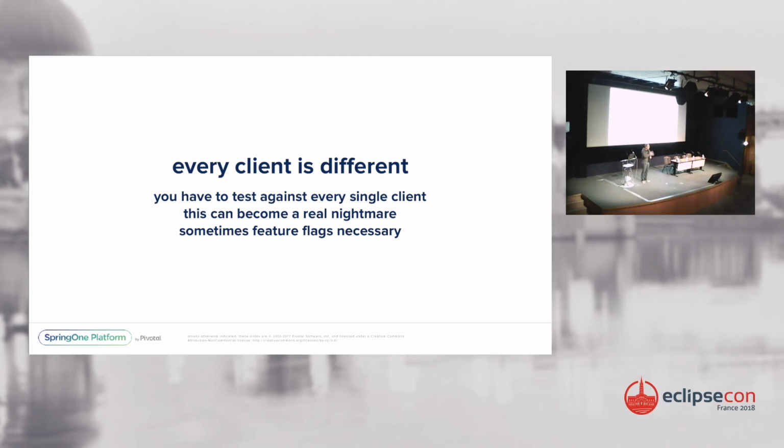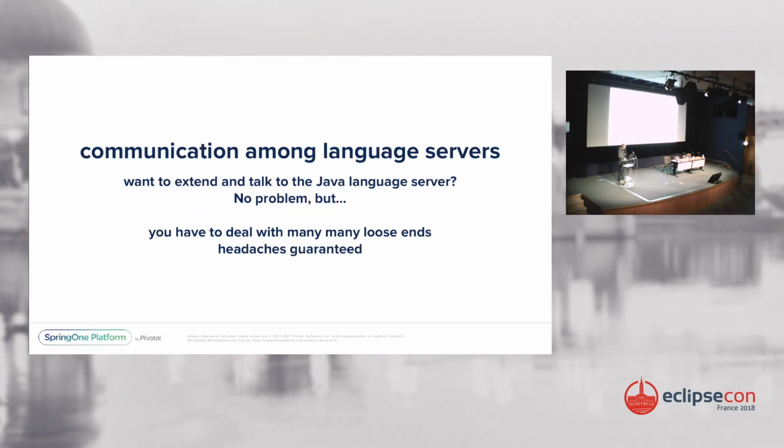You have to go through everything. So it's not just, we test the Eclipse plugin for Spring Boot once and then we're done. No, we test the Spring Boot language server for Eclipse, and then, oh yeah, we're done. Then we go ahead and test the same stuff for VS Code. Oh, we're done. We test the same stuff for Atom. That's really ugly because they behave differently from time to time, and that becomes a real nightmare, I think.